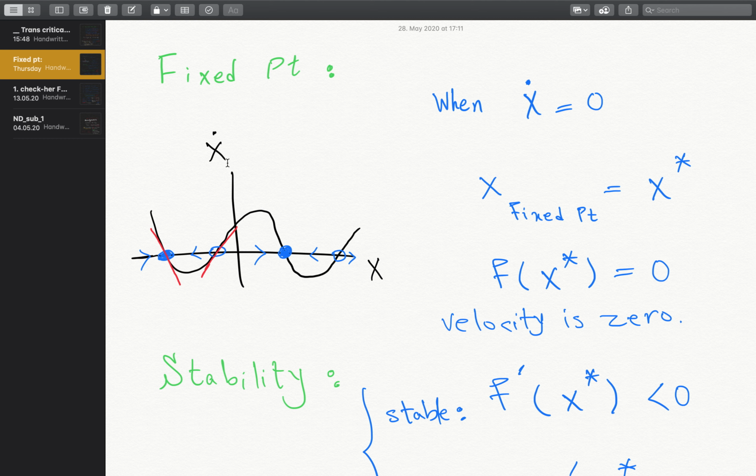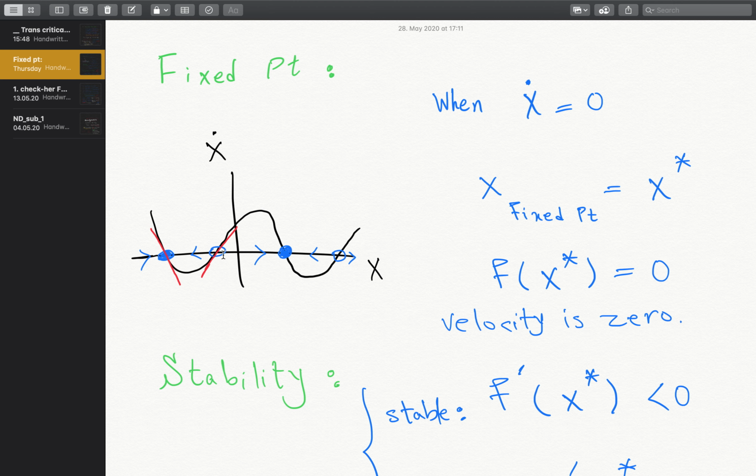So why do we call it stable and why do we call it unstable? When x dot is equal to 0, this is the point of a fixed point. So x dot with respect to x, we have a graph like this. Therefore, this and this are fixed points.